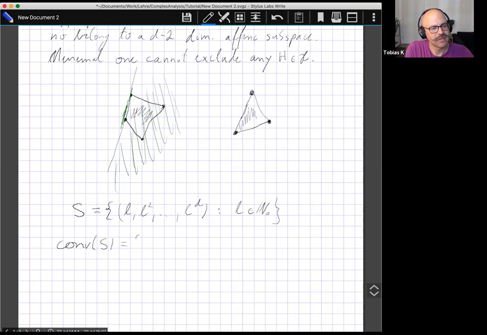That is all the vectors of the form sum k equals 1 to D of L to the K times alpha K, such that alpha K is non-negative and the sum of the alpha K is equal to 1.